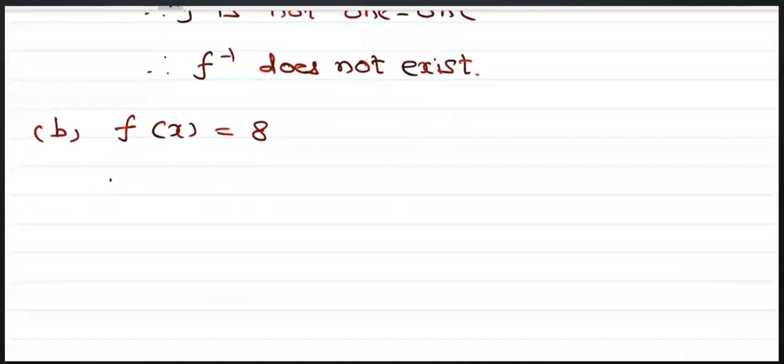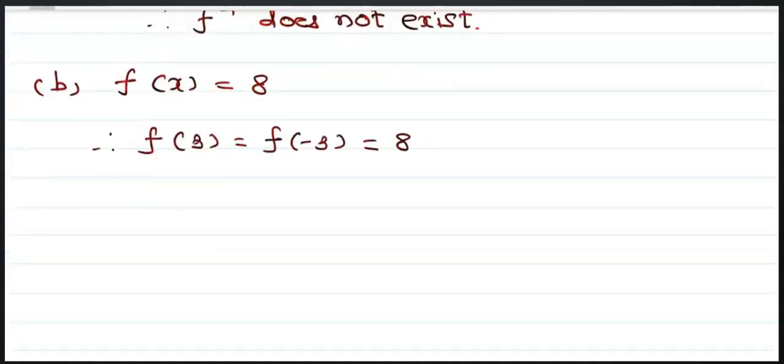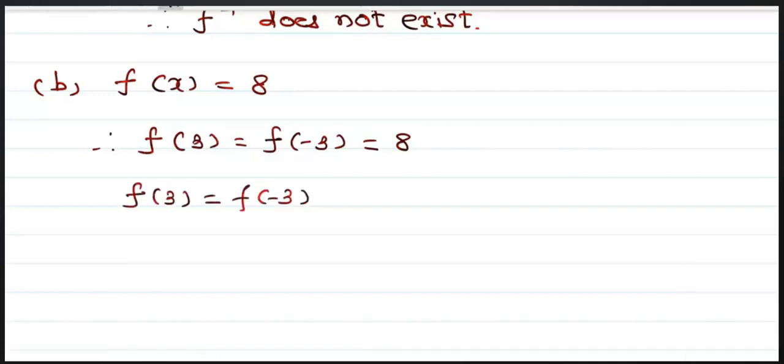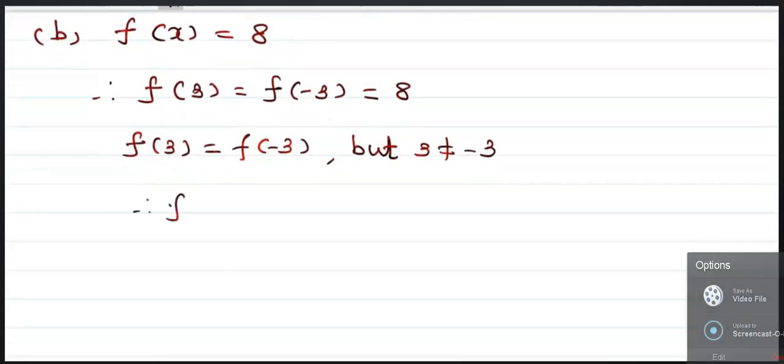In the second problem, it's a constant function. f of x is equal to 8. What about f of 3 and f of minus 3? That is also 8. Again, 3 and minus 3 have the same image. Therefore, again the given function is not one-one, since 3 is not equal to minus 3.